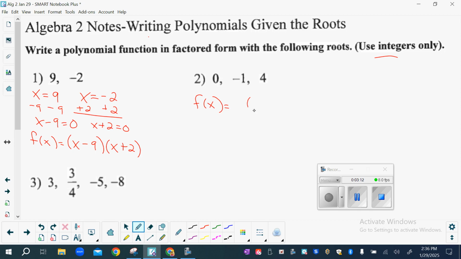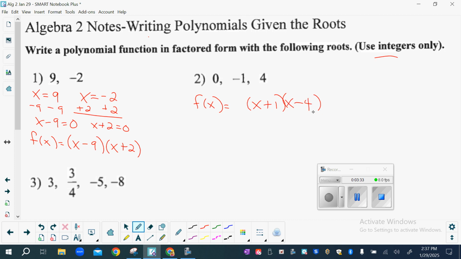Good. Does that make sense? So what's the relationship between this 1 and this negative 1? They're opposites. And then what would be the factor for 4? X minus 4.